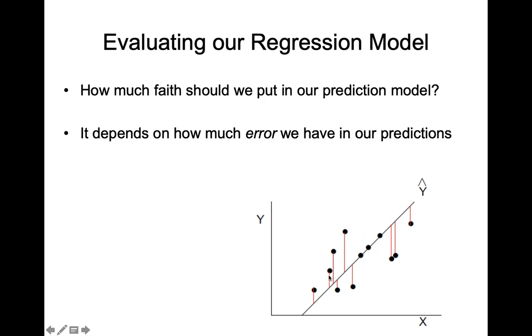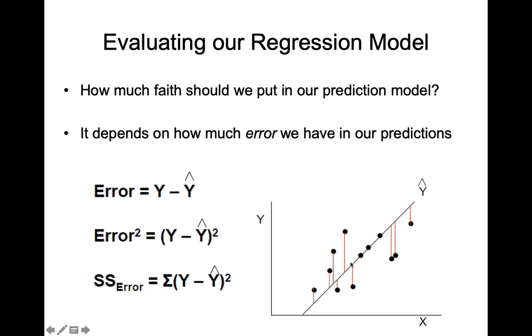Which is to say that the stronger the association there is in the first place, the better the straight line model will do at not having any error. And the extent to which these dots depart from that straight line relationship, such as when there is a weaker correlation, the more error there will be in using a straight line as a prediction model.